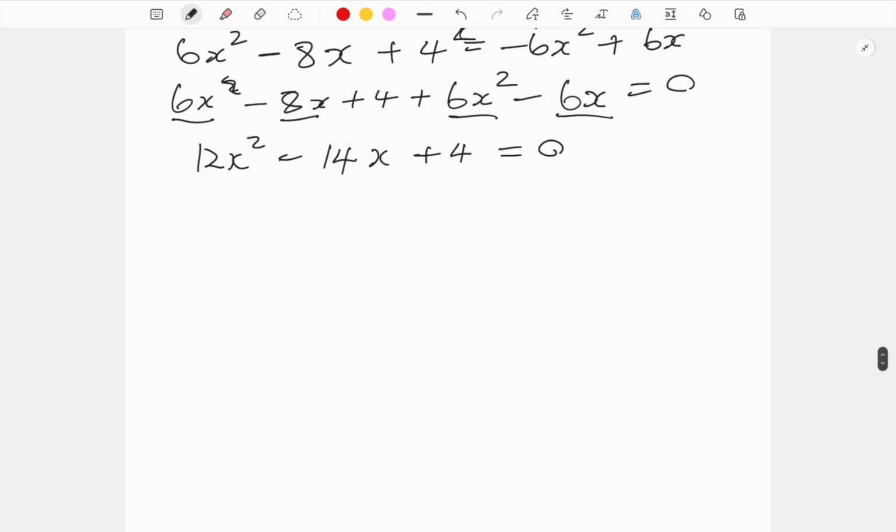Remember the steps that I showed you in the previous lesson, how to solve for x? We have to apply those steps here. So it's going to be a multiplied by c, which is 12 multiplied by 4, which is 48.